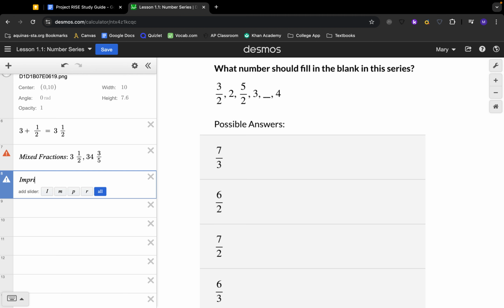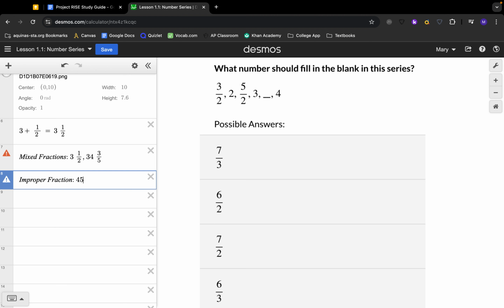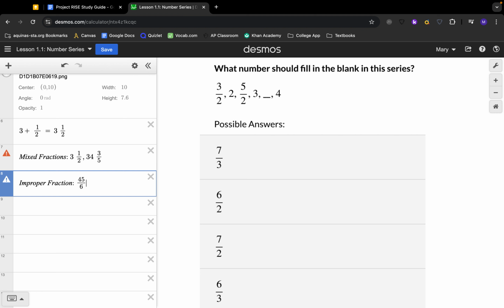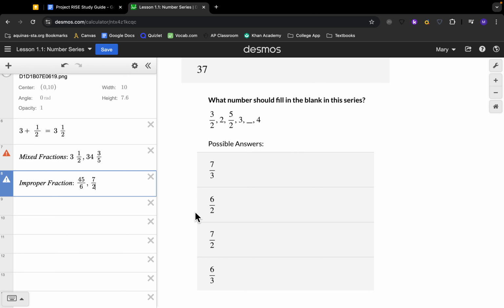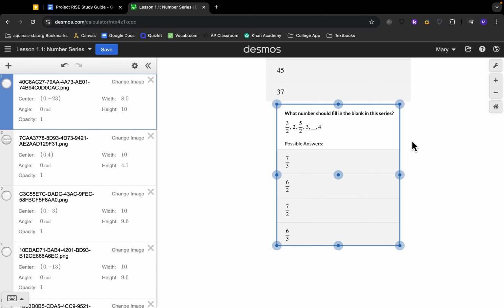Then an improper fraction is any fraction where the numerator is larger than the denominator. So 45 over 6 is an improper fraction. Our 7 over 2 is an improper fraction. So in this problem, you kind of have to do a little bit of converting between mixed to improper fractions to find your answer. But again, it should not be too difficult for you guys.